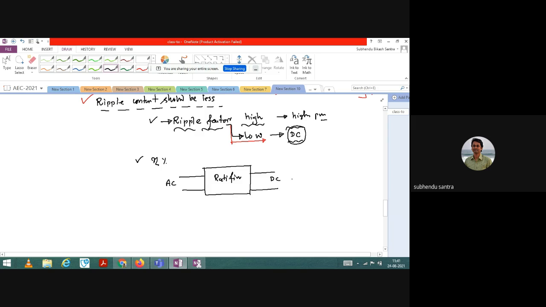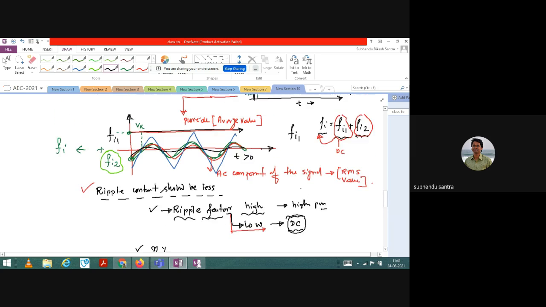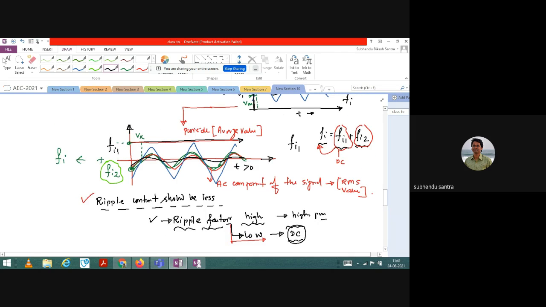You can find the DC power by voltage into current. So you have V average, which means the average output voltage. Whenever I say average voltage, always remember the average quantity means the steady part.